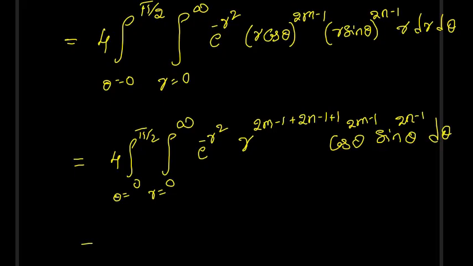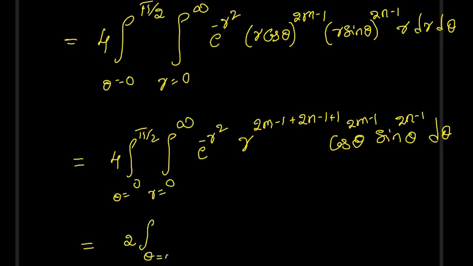Now, like earlier when we combined the integrals, we are going to separate the integrals, because I can see a function of r and a function of theta separately. So let us separate it, and I am going to split this 4 also as 2 and 2.